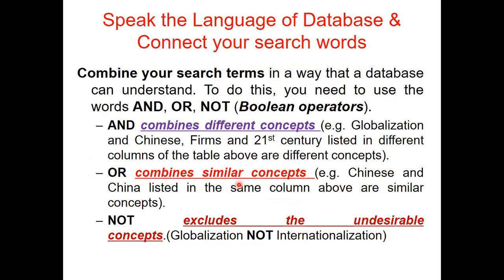This is another example, the way you would normally do. Let's say, for example, globalization, not internationalization. You want to exclude internationalization. Maybe you want to search Chinese and China.